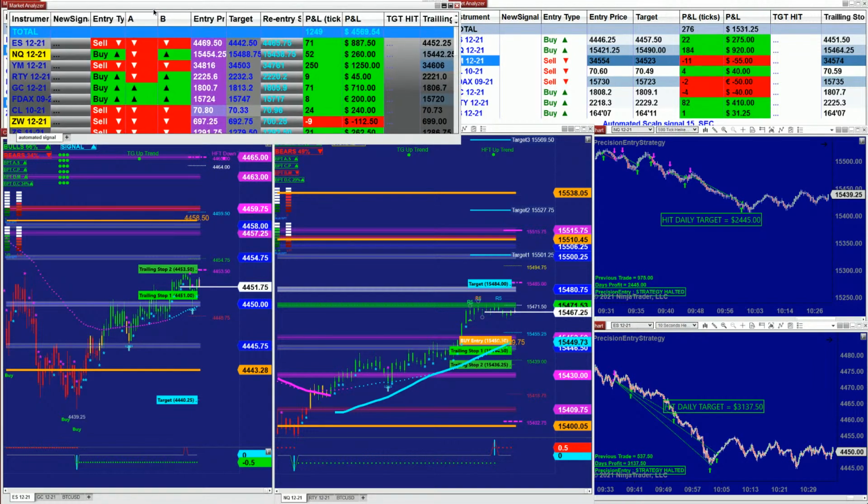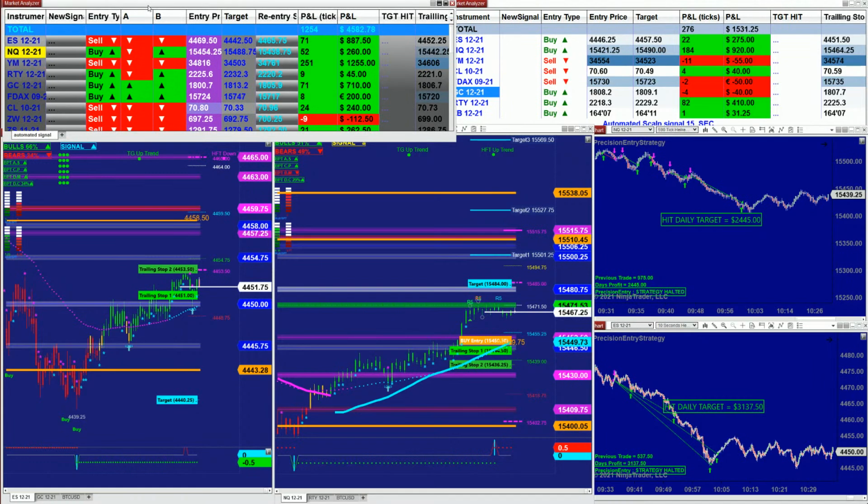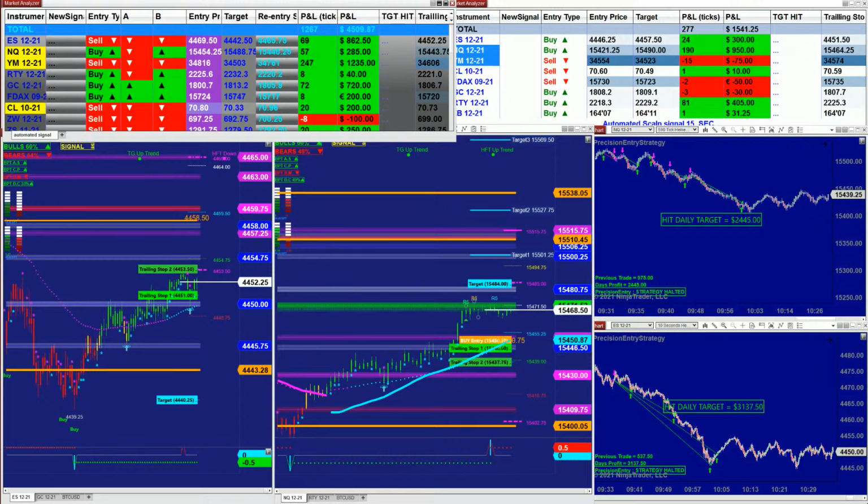Another thing here, on this new market analyzer, there is no buy signal on the ES, and there is a weak buy signal on the NASDAQ, and there is still a short signal on the YM, and here it is. And probably they're gonna pop out right now for a new signal.